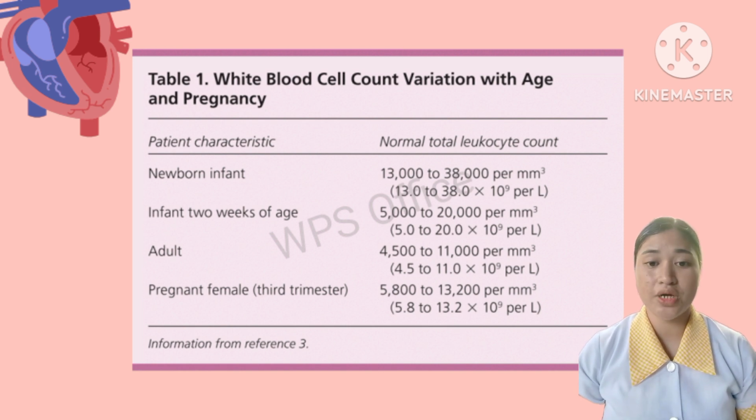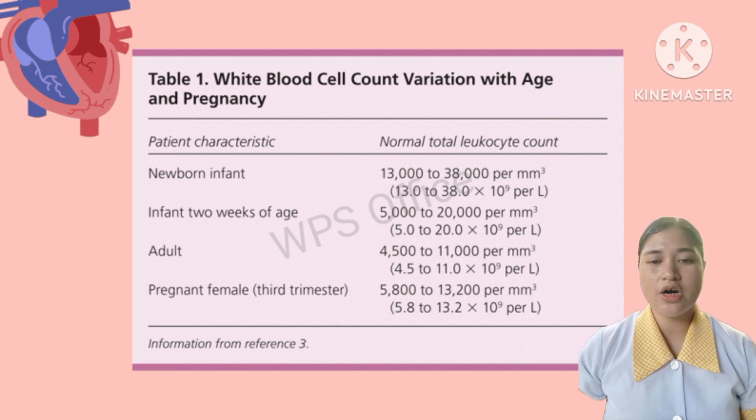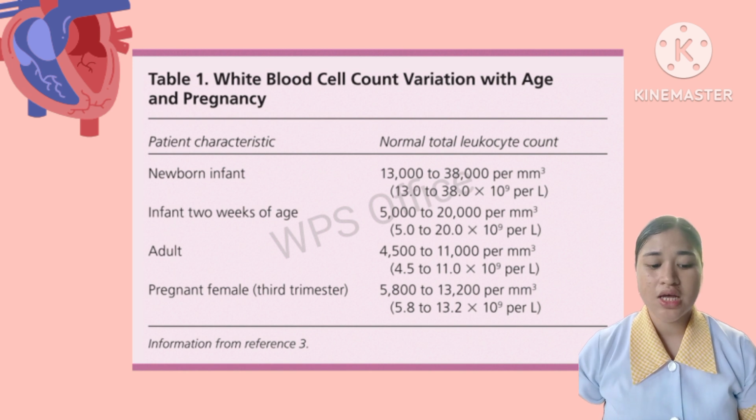And lastly is the pregnant female in the third trimester. When you are pregnant, your normal total leukocyte count will change. It will be 5,800 to 13,200 per cubic millimeter, because WBC tend to be elevated in pregnancy, especially in the third trimester or 28 weeks, as part of the immune adaptation to protect both the mother and the fetus.